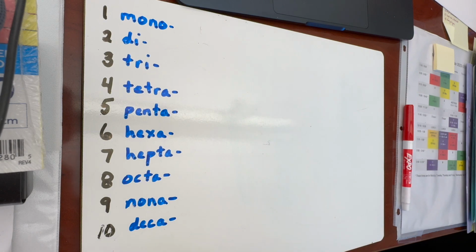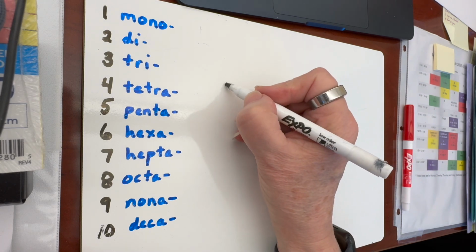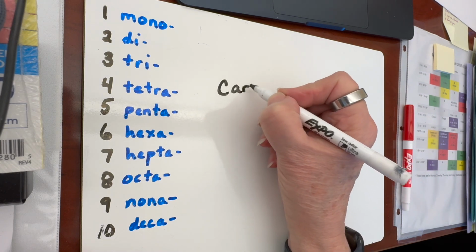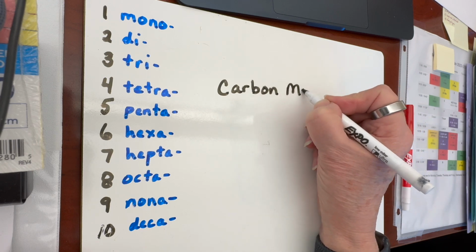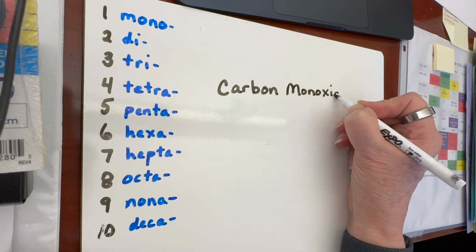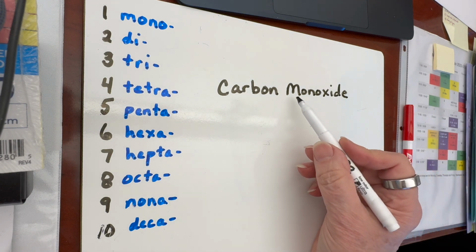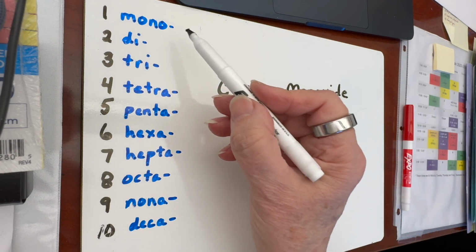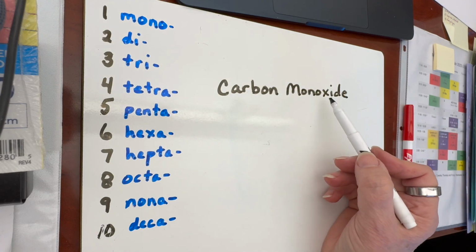So what do you do with something that does not have a prefix, such as carbon monoxide? So first of all, notice that with our monoxide, our prefix is mono, but we're not going to have monooxide.